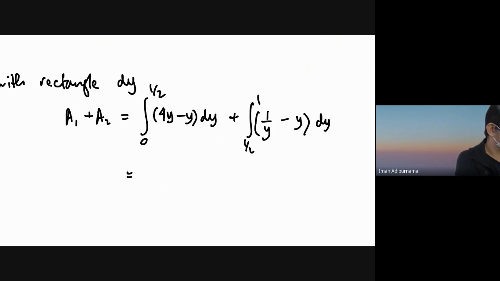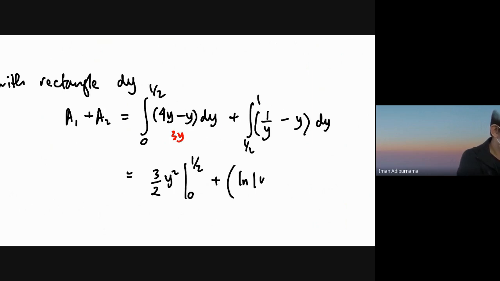So this will be 3y, and then we take the integrations, 3 over 2 y squared from 0 to half, plus ln y.